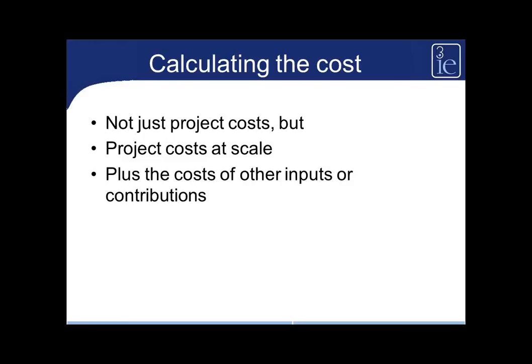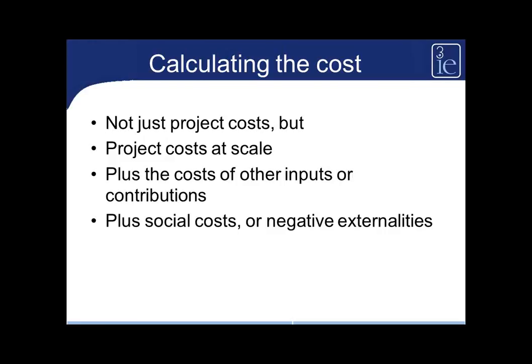So we may have a contract from USAID to implement this program, but it doesn't happen unless the government incurs certain costs, communities incur certain costs, or households incur certain costs. Okay. There may also be social costs or negative externalities. That is, it may be that while we are doing good things, some bad things are happening as well that we don't want to have happen, but we recognize that they're there, and those should also be accounted for.